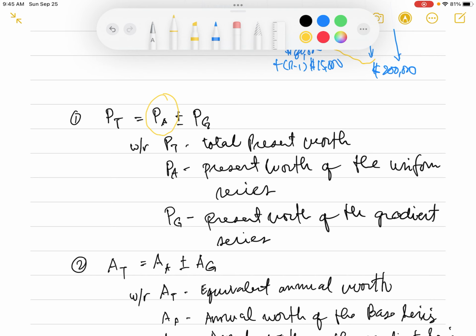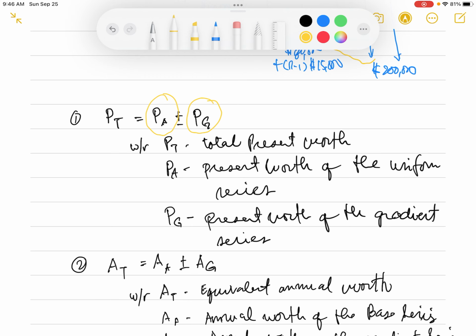And then plus or minus, because our gradient could be positive or negative, the present worth of the gradient cash flow. So there, P sub t is the total present worth, PA is the present worth of the uniform series, and PG is the present worth of the gradient series.